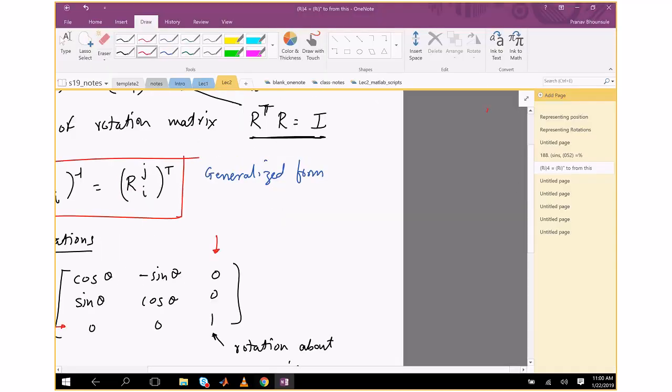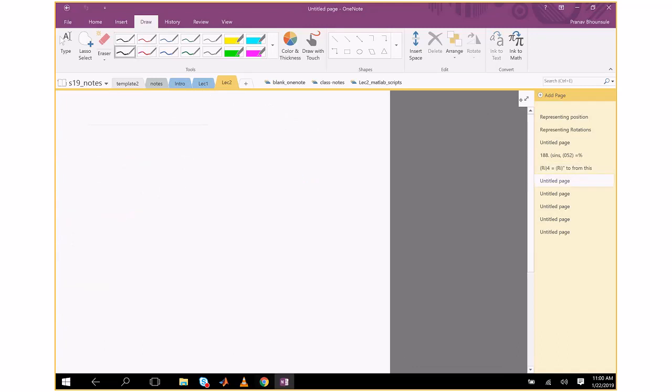This is the last thing for today. So all 3D rotations. Okay. The notation we'll be using is R, x, theta, which indicates that this is rotation about the x-axis by an angle theta, and theta is counterclockwise.